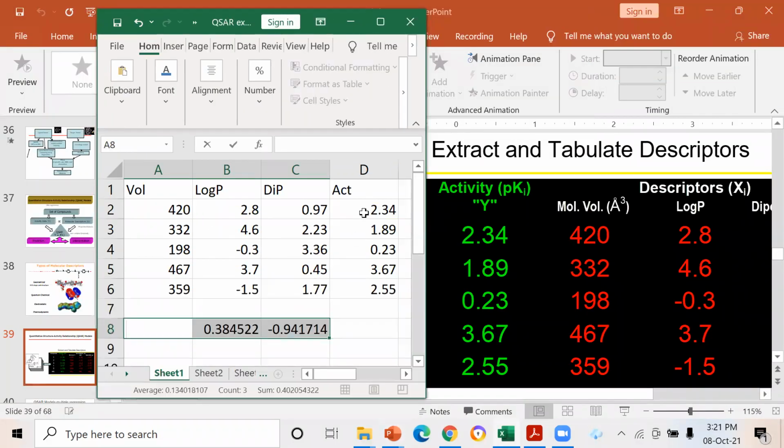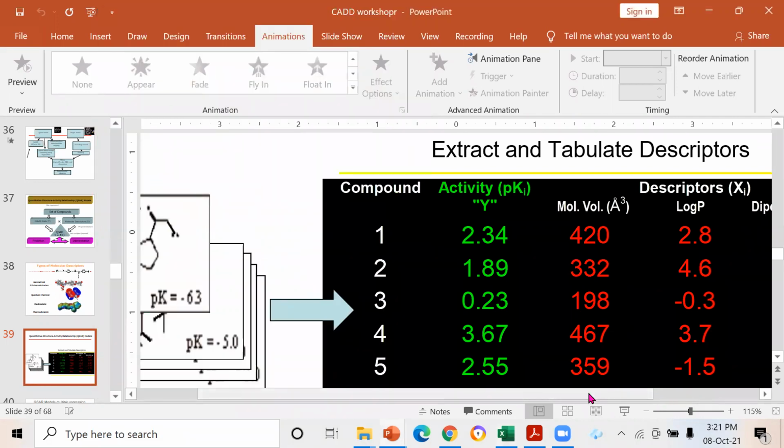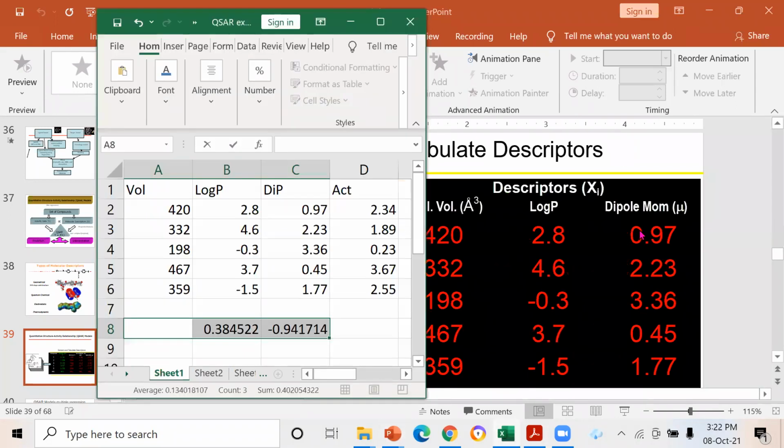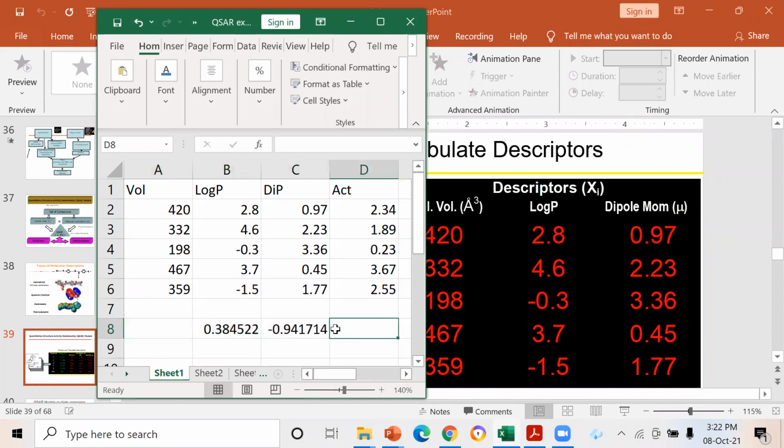Can you see this? So 2.34, 1.89, 0.233, 0.6, then 420. This is volume: 332, 190, 467, 59. Log P: 2.8, 2.6, minus 3. Then dipole: 0.97, 2.3, 3.3.